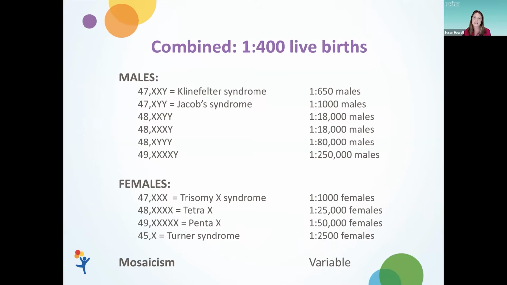And collectively, these conditions all occur in about 1 in 400 live births. So they're really common in our population, with the trisomies being the most common. When we're talking about 48 XXXY or the 3XY condition, it's about 1 in 18,000 males who are born with this condition.